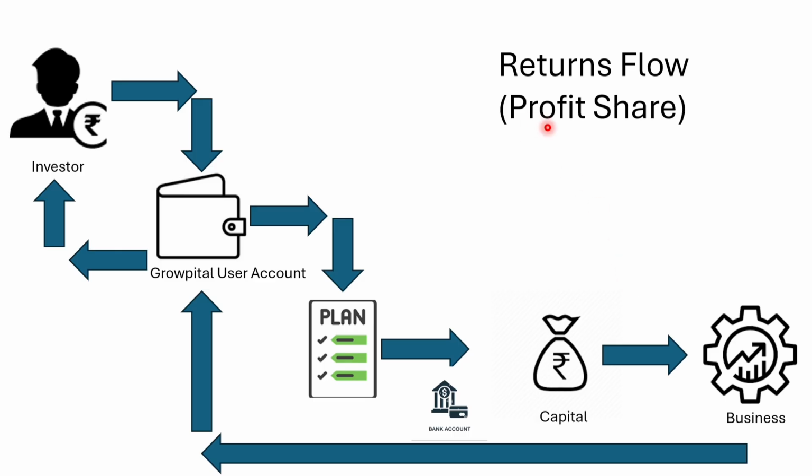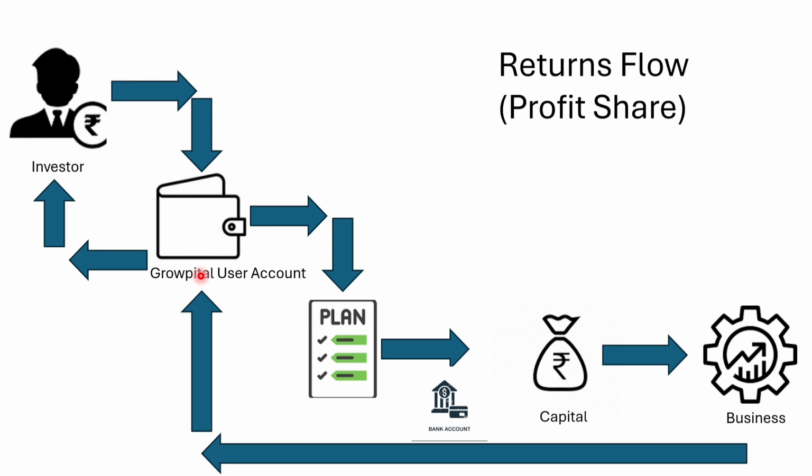There were several ways the returns could be generated. One of the ways was a profit share. Naturally, once you invested, the business used to generate cash flows and returns. They used to, of course, go into the bank account, and your share, as per the amount of capital which you had invested, used to be reflected logically in your user account on the website.